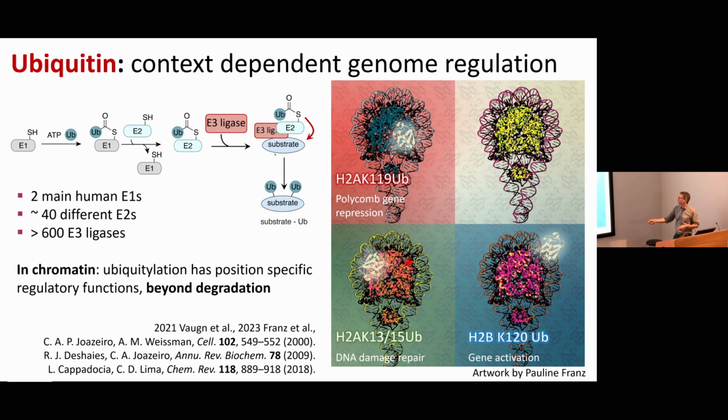If you put the ubiquitin up there onto H2A lysine 13 or 15, it's a signal involved in DNA damage repair. Or if you move it over here to H2B, it's a signal for gene activation. So ubiquitination has very context-specific signals. And we are interested in all of these processes.